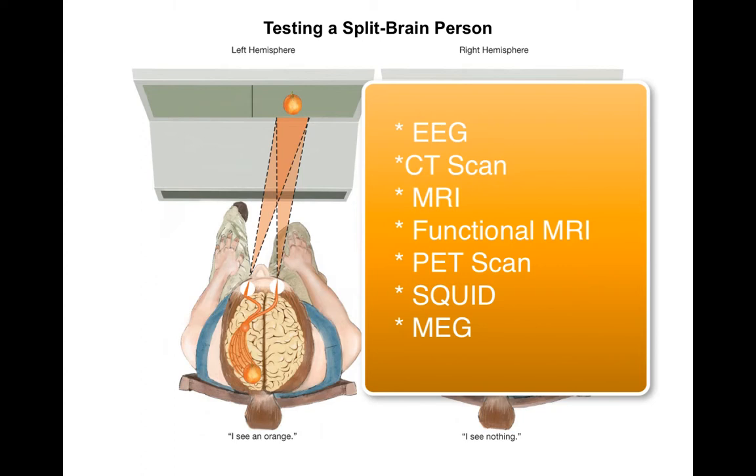Functional MRIs. We also use PET scans, SQUID. SQUID is a superconducting quantum interference device. It measures magnetic changes in the brain when neurons fire. It's quite remarkable the things that we can do now and see as to what the brain is doing when it's in fact working. And the MEG is another example of what we would use.